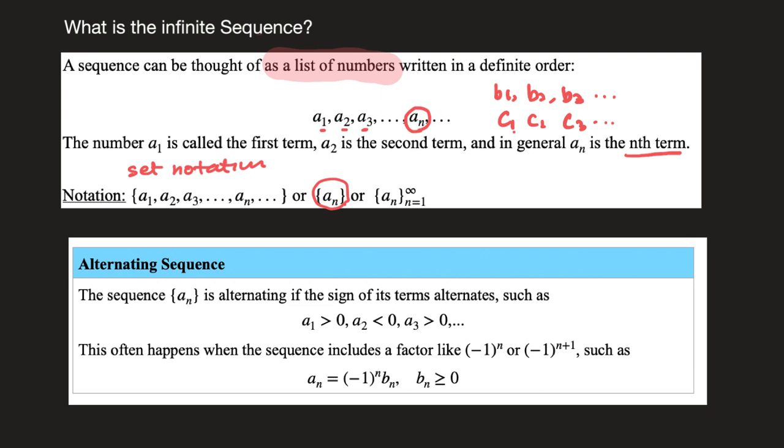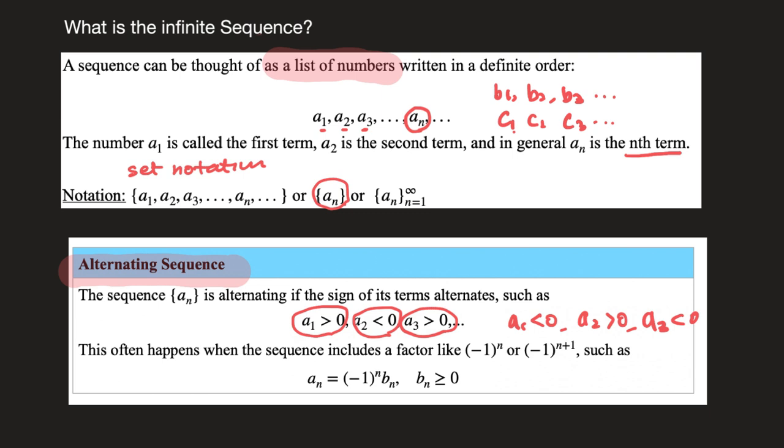Another infinite sequence we're going to see very often is the alternating sequence. An alternating sequence means the sign is alternating. Right here, guys, look: the first term is positive, second term is negative, third term is positive, or the first term is negative, second term is positive, third term is negative.